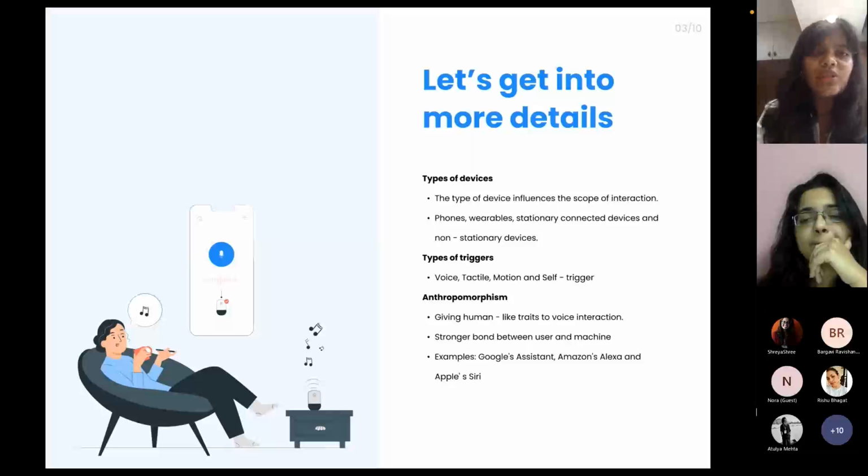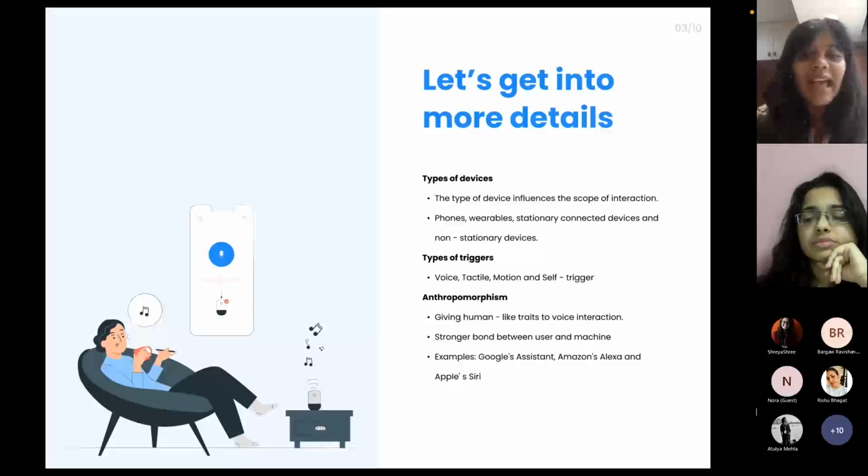Or you have motion, where you hover around the device and it starts. And then you have self-trigger. Sometimes the device itself understands what's happening in the environment and it switches on. So these are the different types of triggers under how the device can start interacting with the user.